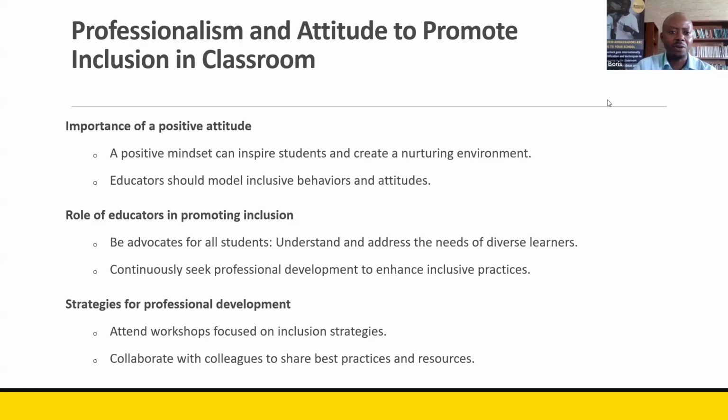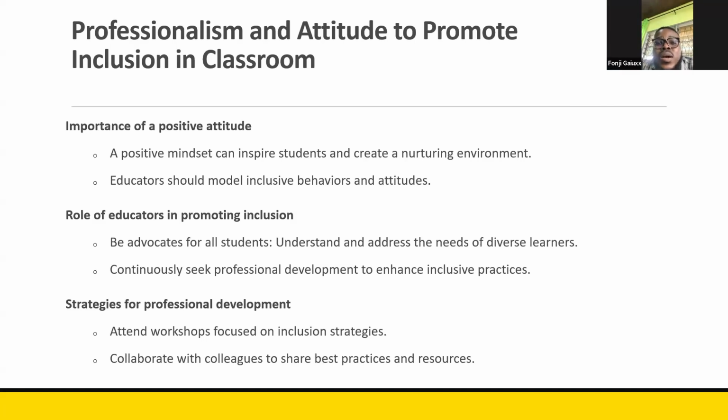I see Fonji unmuting. Go ahead. An attitude I've tried to develop in order to promote inclusiveness in my class is promoting teamwork amongst my learners.